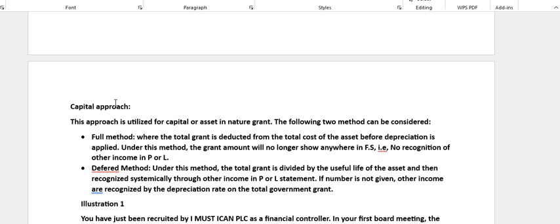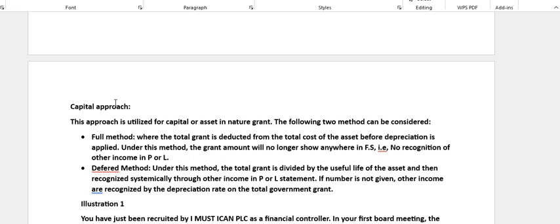What we are saying here is this: the deferred method looks at you dividing the grant over the useful life of the asset, and then you recognize in your statement of profit or loss other income as well as expenses. Of course, there will be depreciation.